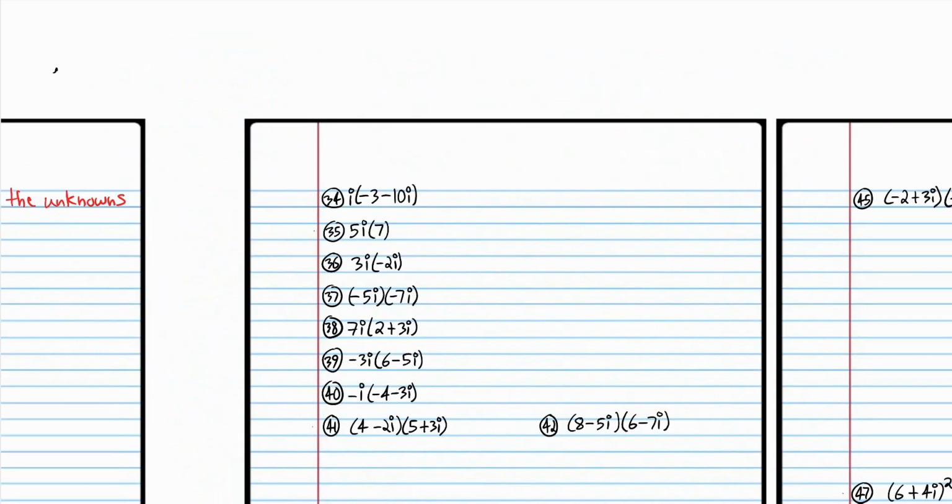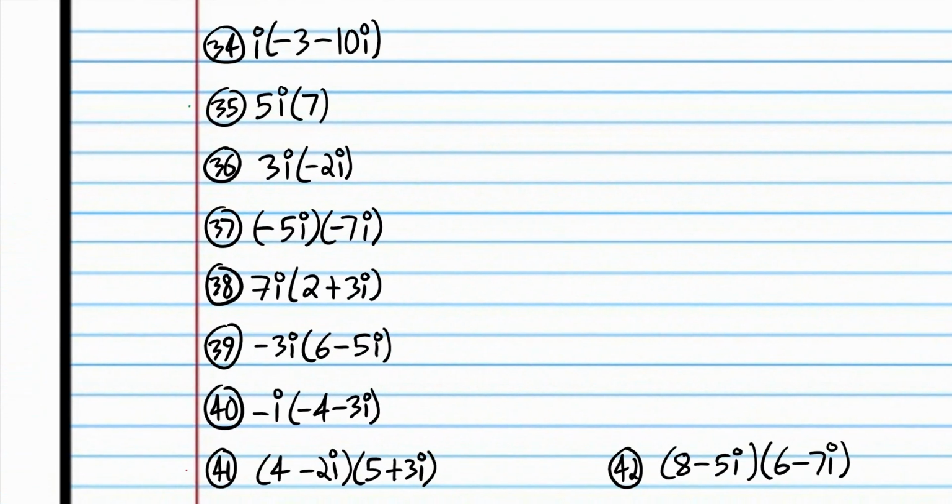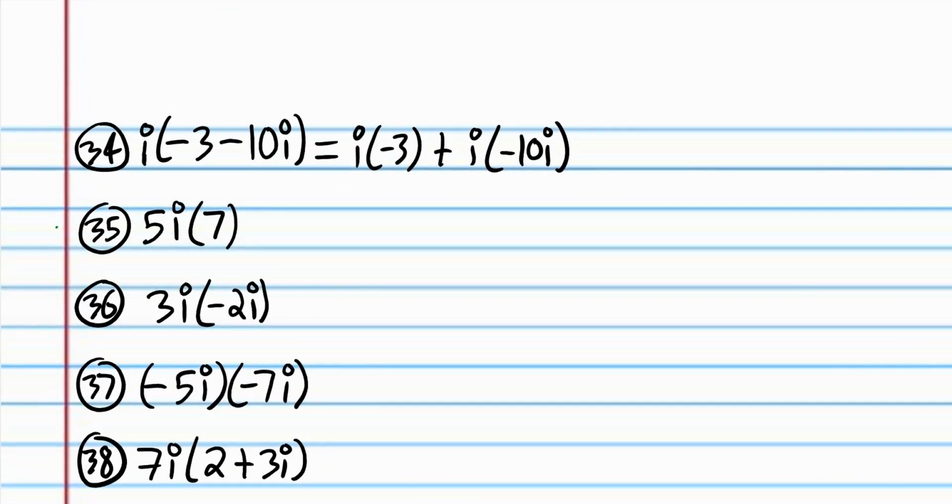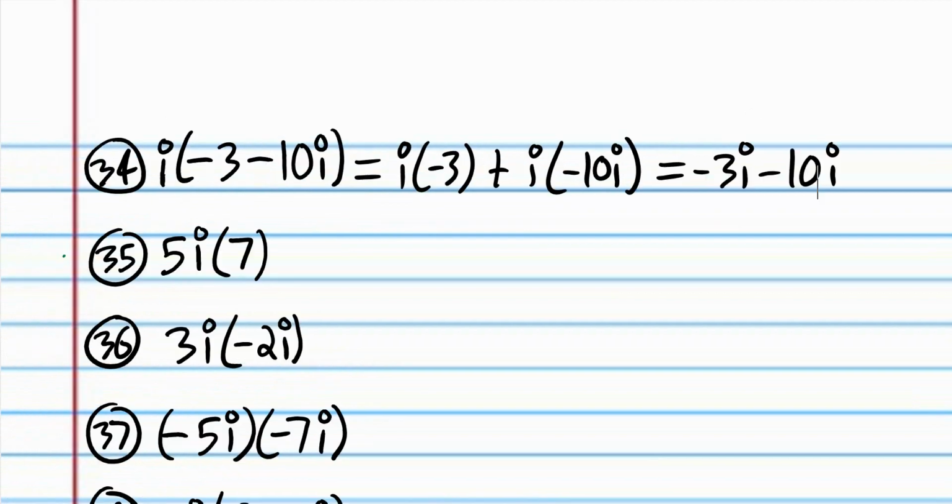Let's try one more of these before you try some on your own. So now we have i times negative 3 plus i times negative 10i. Okay, so i times negative 3 is just negative 3i, and i times negative 10i is negative 10i squared.